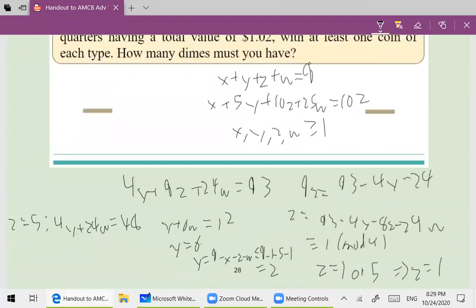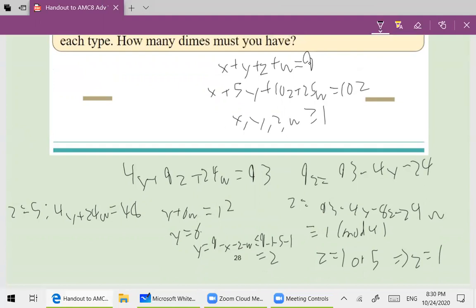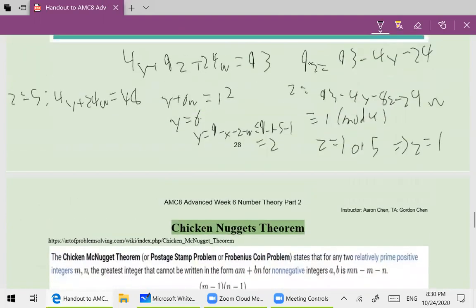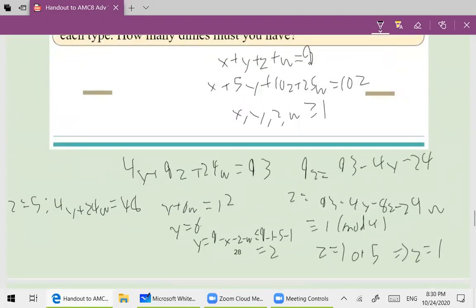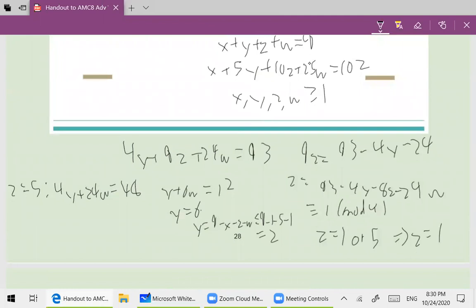Okay, and past here you can find the rest.